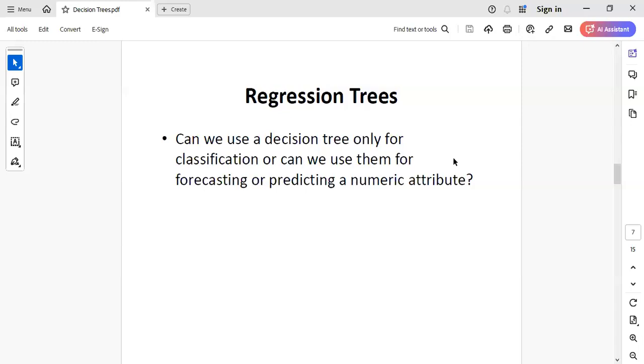We have seen the difference between regression and classification problems with some examples. We also made a statement that by slightly tuning the decision tree algorithm, it can be used without any problem for solving regression problems where the outcome is a numeric value. So this is all about the first part of decision trees.